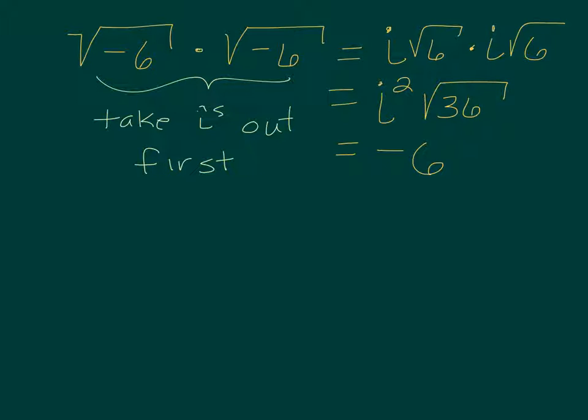So a complex number is a number of the form a plus bi. We call a the real part and b the imaginary part, and a and b have to both be real numbers.